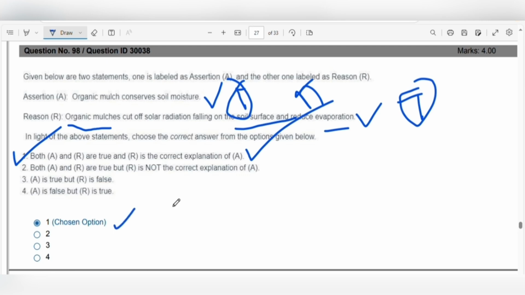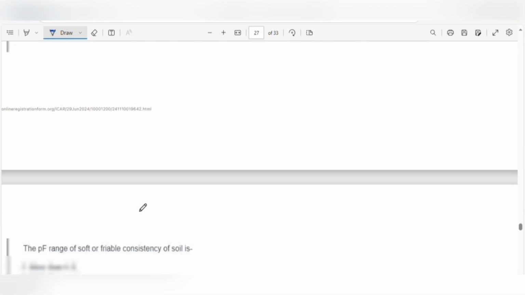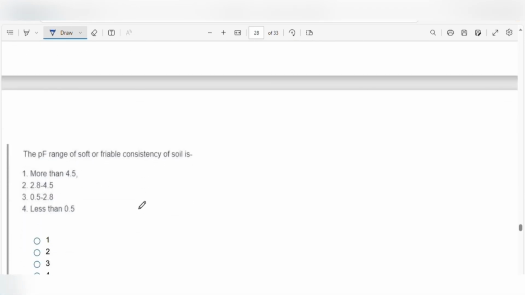All right. So from here you can read the associated points, associated topics like types of mulches, which mulch is used in which soil, like vertical mulch is used in black soil, and all these questions you can go through. Those are having a chance to come in next year's JRF. So moving on, the pF range of soft or friable consistency of soil is, I think you all know the answer. This is again from soil water. This might be the 8th question.